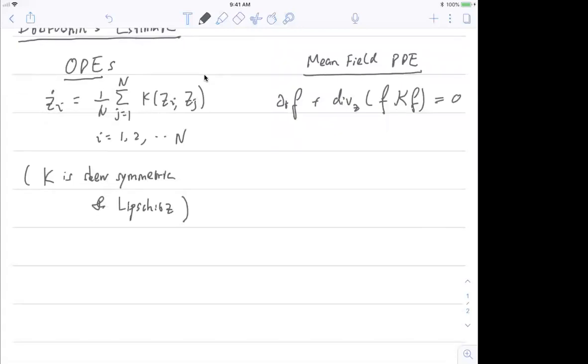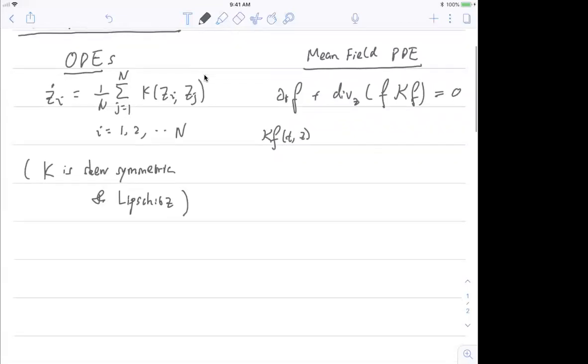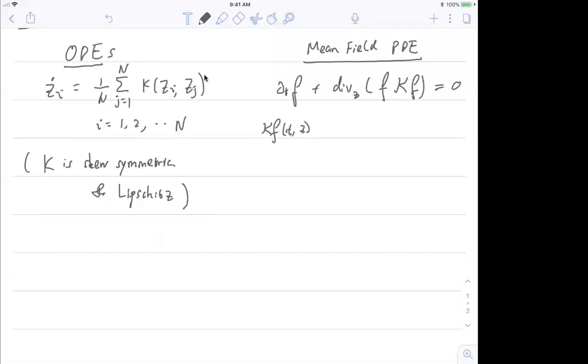Here kappa F depends on time and position Z. This is an integral operator defined like this: K of Z minus Z prime, F t of dz prime. Here F is a probability measure, and we integrate with respect to Z prime.